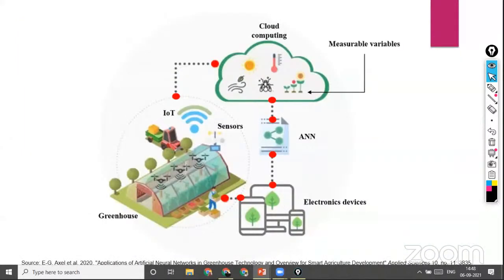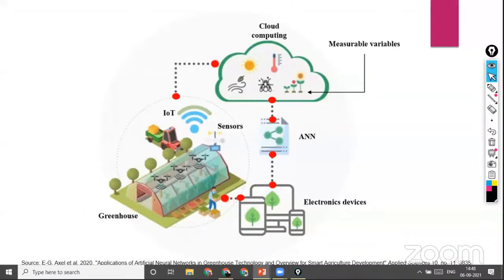Now, let's look at a scenario where all these are actually useful. Here you can see we have a simple greenhouse, and you have a lot of sensors. Then the IoT devices connect those sensors to the cloud computing environment, and all the computation, feature engineering, and maybe some pre-processing of the data can be done on the server side or the cloud side.